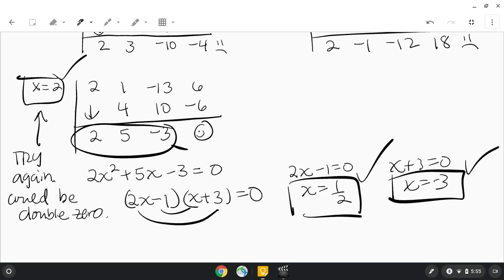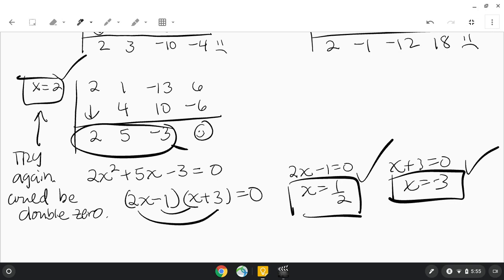Let's say it wasn't factorable and you had to use the quadratic formula, and you end up with a square root in your answer. That's not a rational answer.